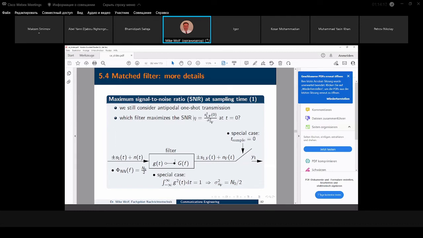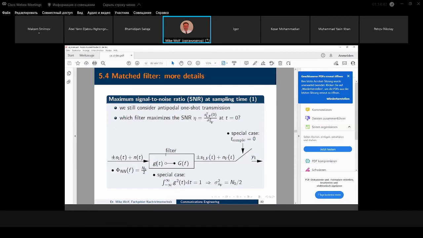So now, to investigate why this filter ensures the highest signal-to-noise power ratio, I just make one assumption. Because we match this to the basis function, I simply assume that the impulse response of this filter has unit energy.